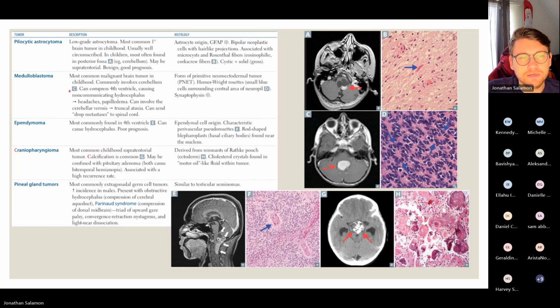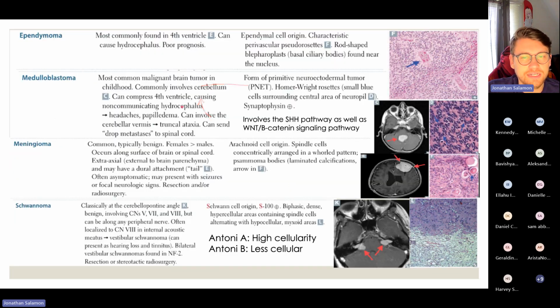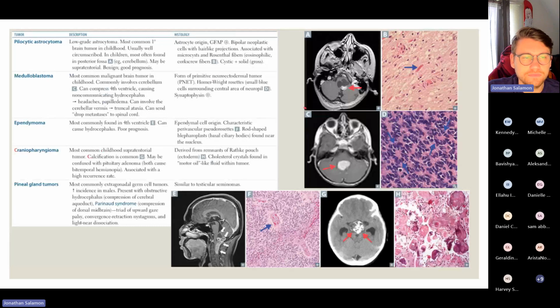Medulloblastoma. This is your most common malignant. Again, this is your Homer Wright rosettes, synaptophysin positive. Right? Talked about that. Ependymoma, yep, same thing. Did I double this up or something?